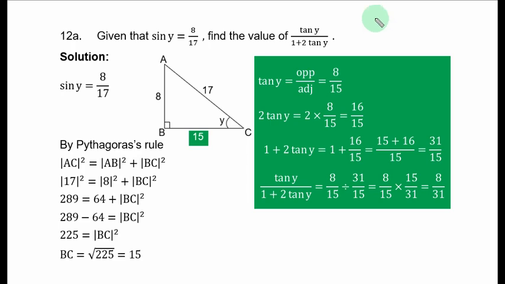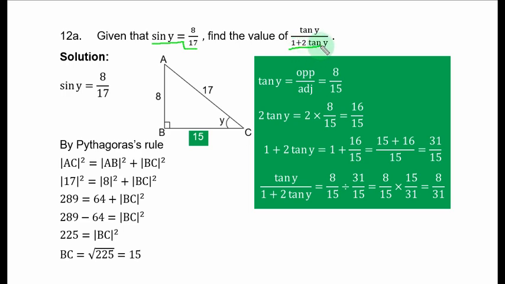Question 12a. Given that sine y is equal to 8 over 17, find the value of tan y over 1 plus 2 tan y. Solution.